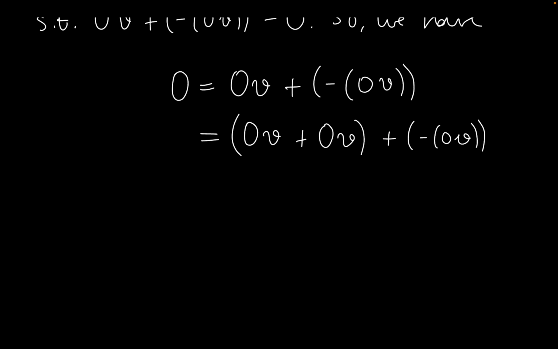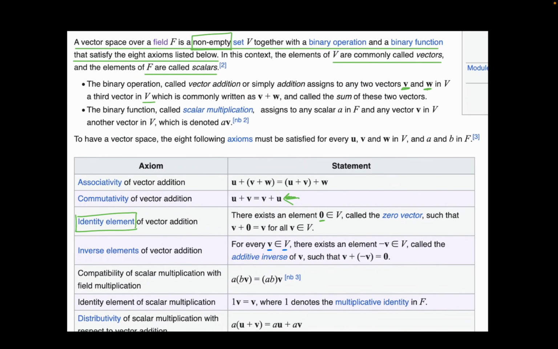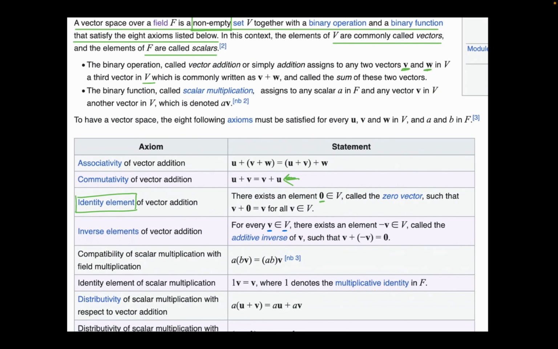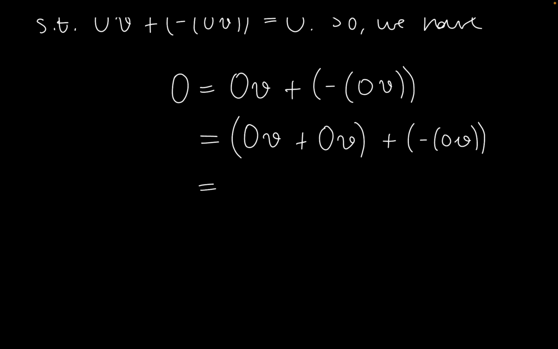And now we know that the associative property is a thing on vector spaces. So we can change the order of addition, and we can say this is equal to 0v plus the addition of 0v plus negative 0v. And let me put that in parentheses for a bit more clarity.